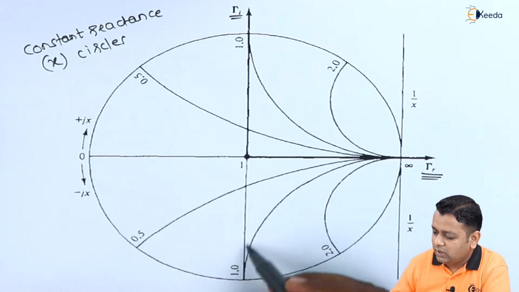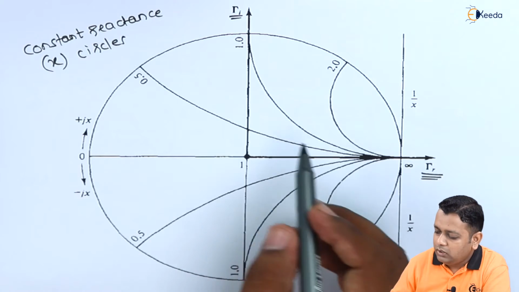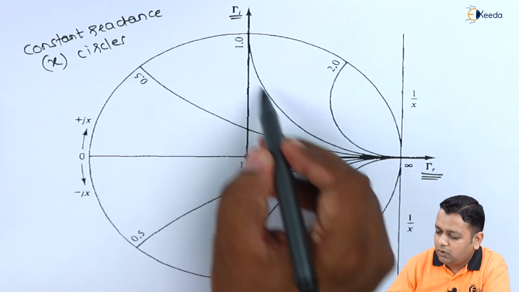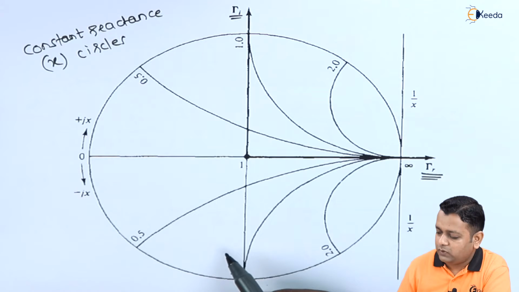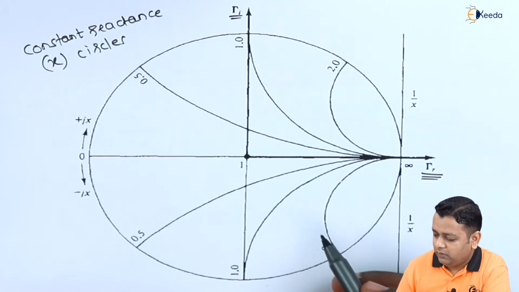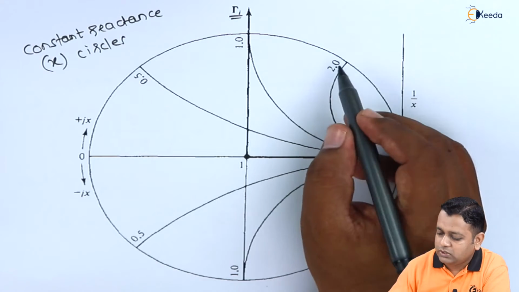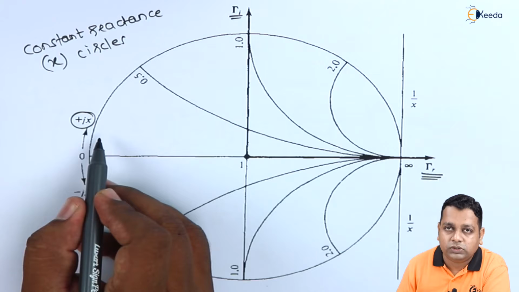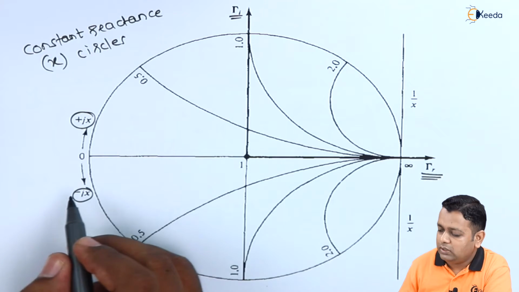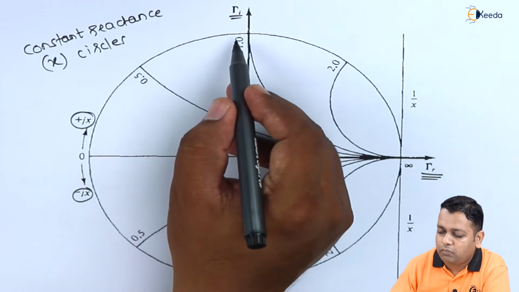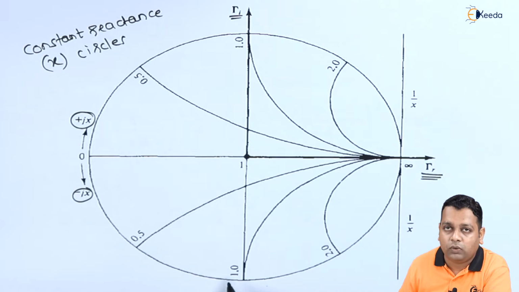So these circles originate at this particular point, and here we have the positive values towards the upper part, whereas the negative values are towards the lower part. So these two complete the circle here. We have here 2.0, 2.0, but this 2.0 corresponds to the positive jx, whereas this 2.0 corresponds to the negative jx. Similar is the case for the upper part, positive 1.0, and for the lower part, negative 1.0.